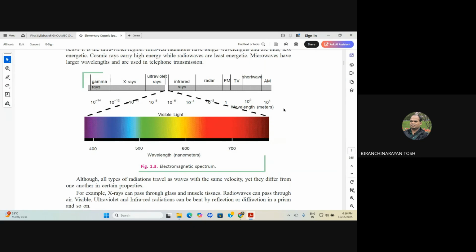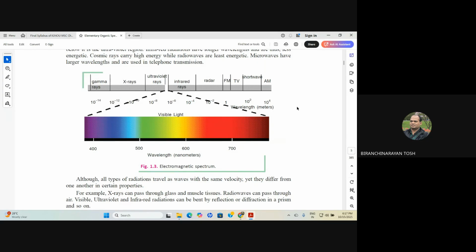Now, what happens if light or electromagnetic radiation passes through a medium or a substance? According to Planck's quantum theory, energy is emitted or absorbed by a substance discontinuously, in the form of small packets known as quantum, plural quanta, and in the case of light we call it a photon.